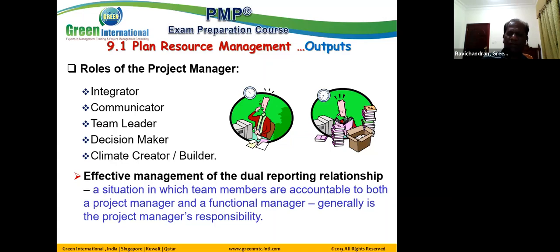When they go to the department, they report to the functional manager. When they come to the project, they report to the project manager. In this situation, the team members are accountable to both the project manager and the functional manager. But the management of this dual reporting relationship effectively is the responsibility of the project manager.